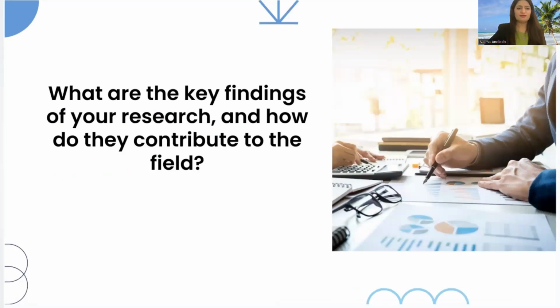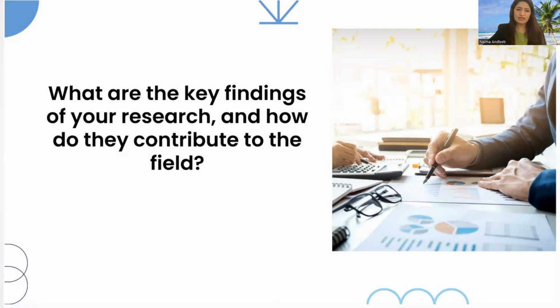What are the key findings of your research, and how do they contribute to the field? This is also one of the most important questions asked in the Viva, because the purpose of the research is to contribute in the field of research, contribute in the real-time field.